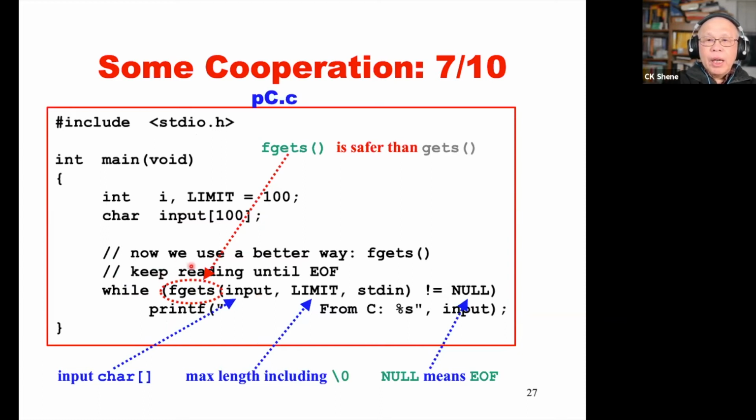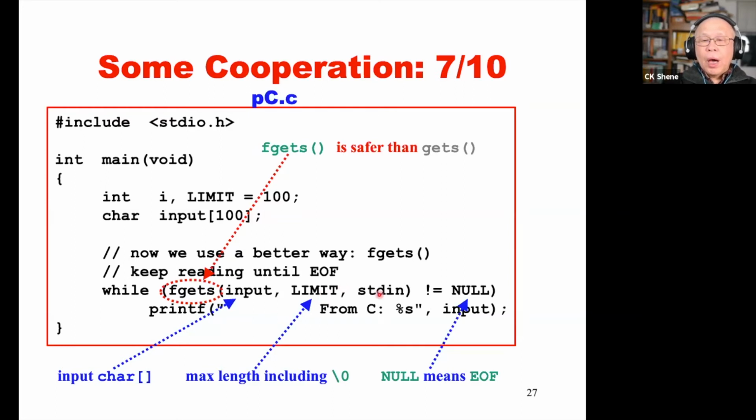Instead of using gets, here we use fgets. This is a much better function than gets. fgets requires 3 arguments. The first one is the character array to be used to store the input. The second argument indicates the maximum length we can read, including that binary 0.